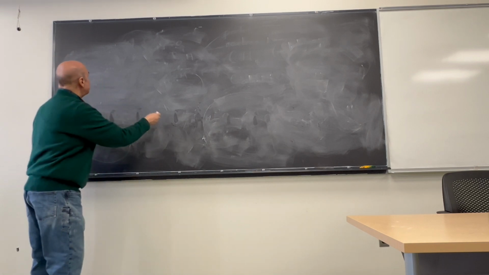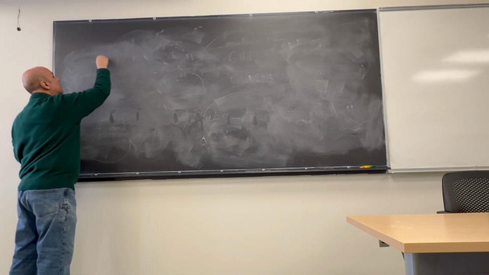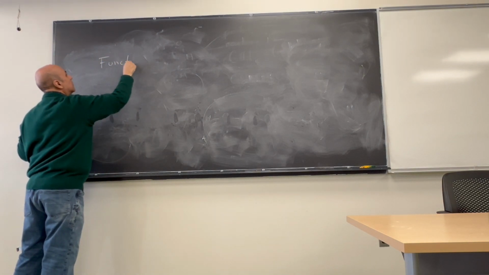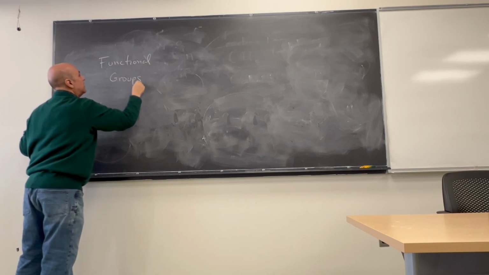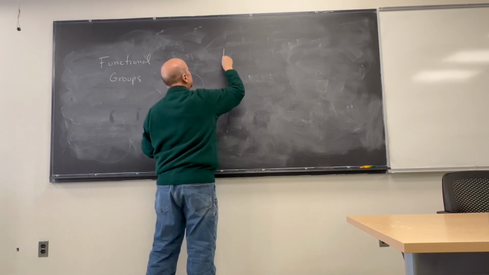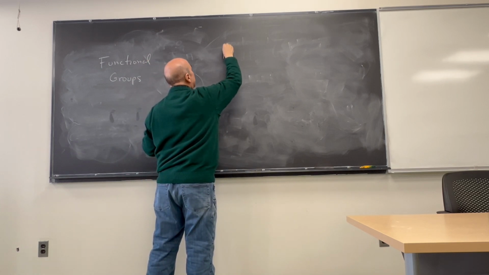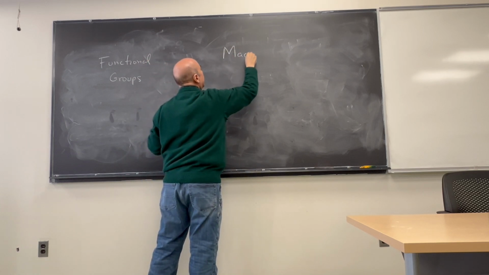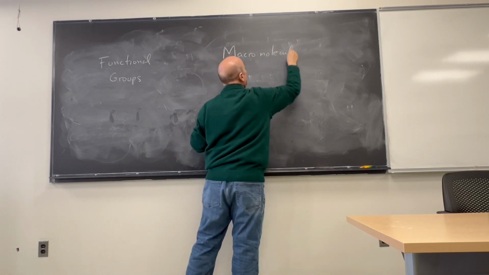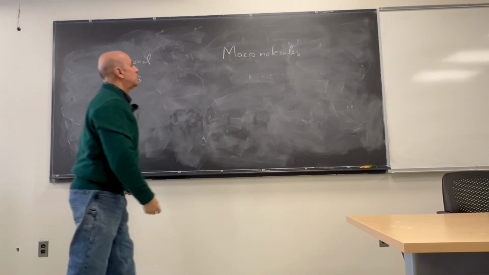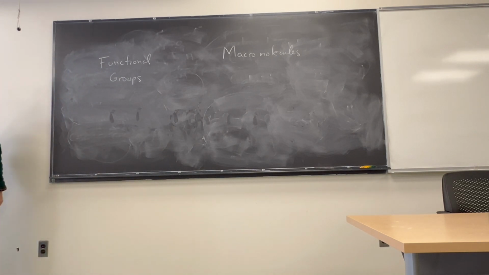But the next part that we're going to talk about is something called functional groups. And I'm going to leave you with an idea here about something called macromolecules. I'll give you the name of some families of macromolecules.